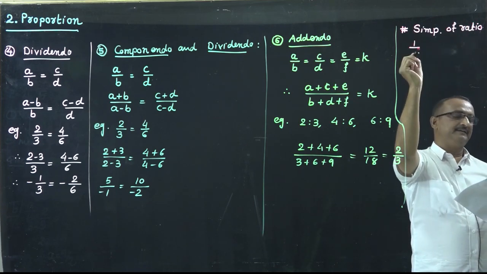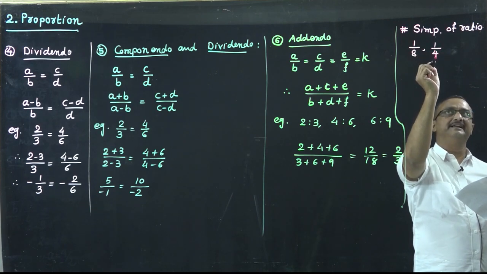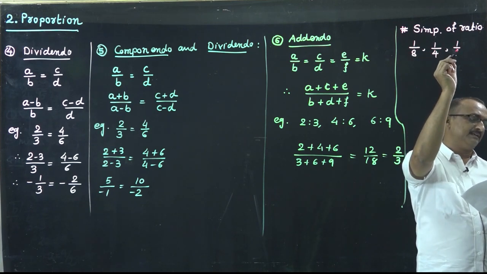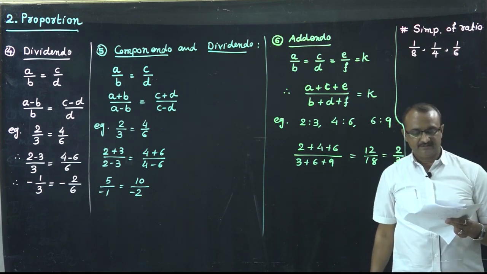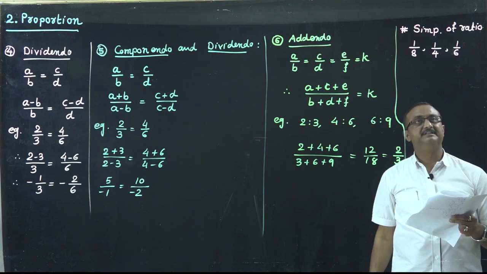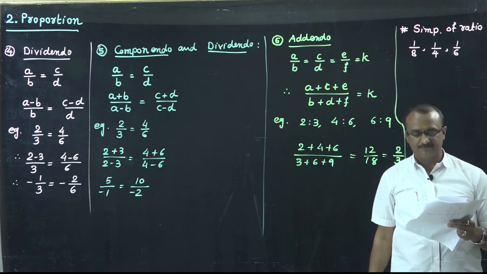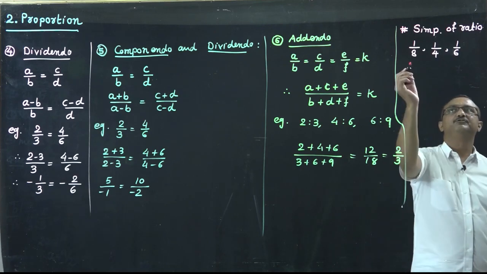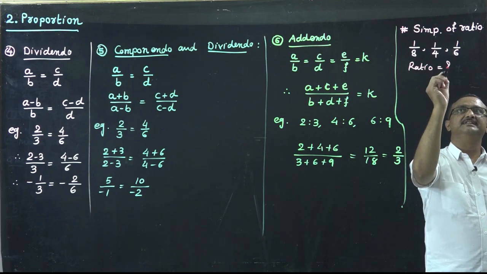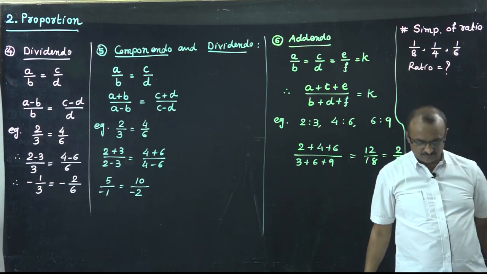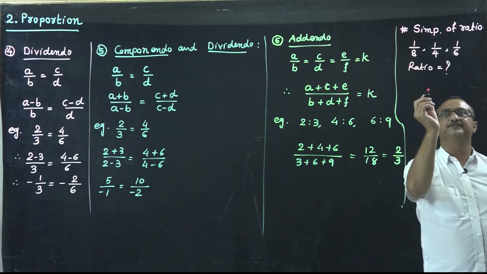Okay, if the question is asking 1 by 8, 1 by 4, 1 by 6, find the ratio of 1 by 8, 1 by 4 and 1 by 6. We have to find a ratio between these 3 terms. So what we have to do here, first of all find LCM of 8, 4 and 6.